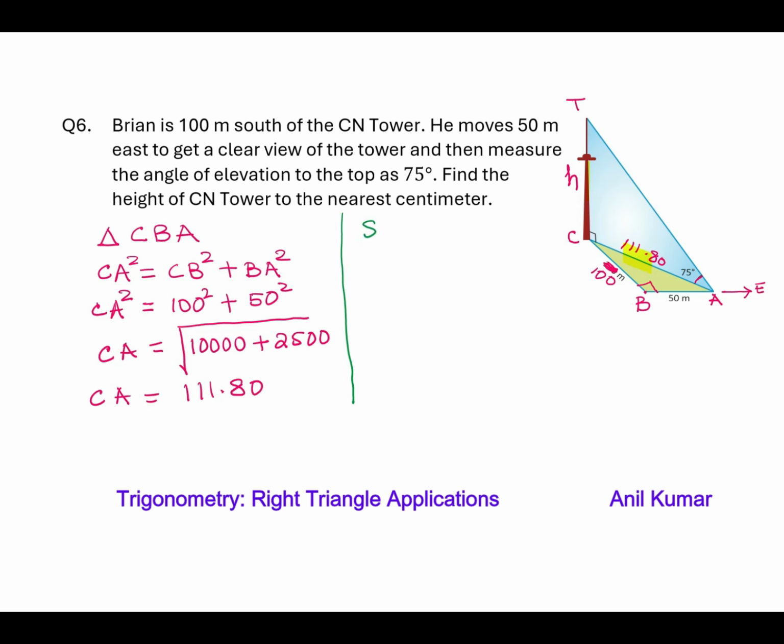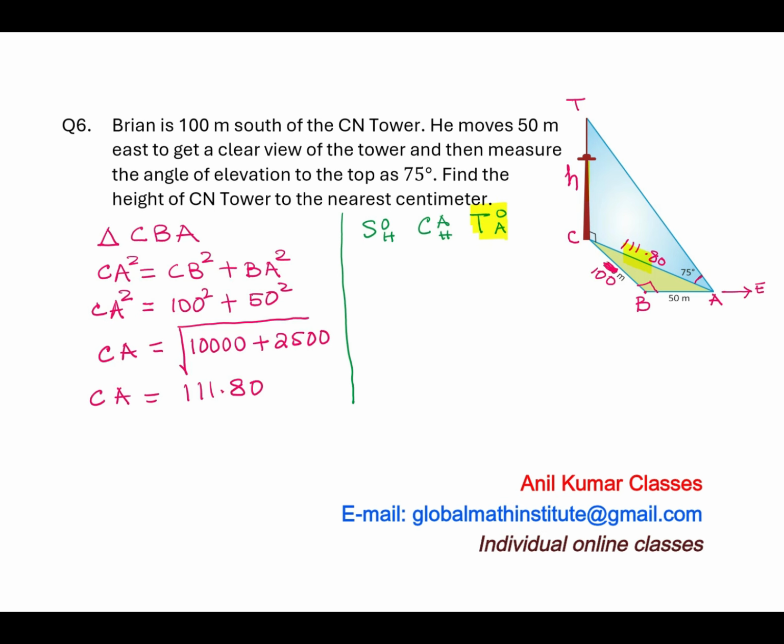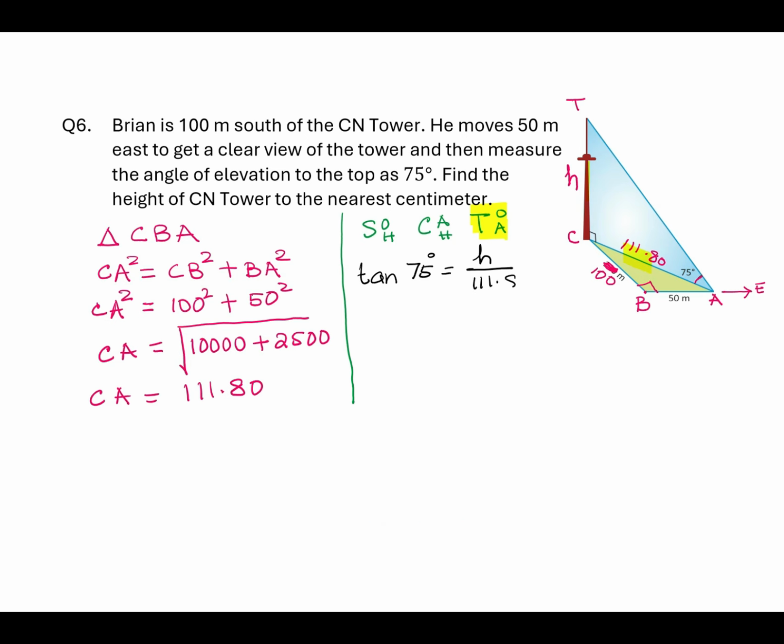Sine is the ratio of opposite to hypotenuse, cosine adjacent to hypotenuse, and tan is opposite to adjacent. Here, with reference to 75, we are looking at the tan ratio, since we are interested in height, which is the opposite side, and the adjacent side is 111.80. So we can now write down tan of the angle given to us, which is 75 degrees, equals the height h over 111.80.